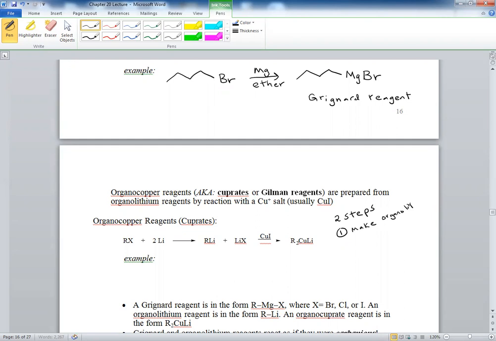So this one depends on the organolithium. And then 2 is you have to add copper iodide, copper(I) iodide. So here's an example.